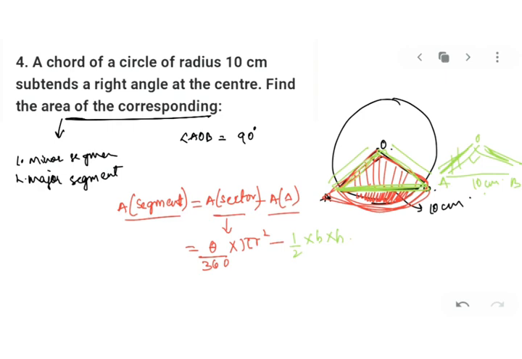So once you have AO or OB, you can take that as base and height of a right angle triangle and find the area. Area of sector minus area of triangle will be your area of minor segment. Once you have base and height, this base and height is the radius of the circle.